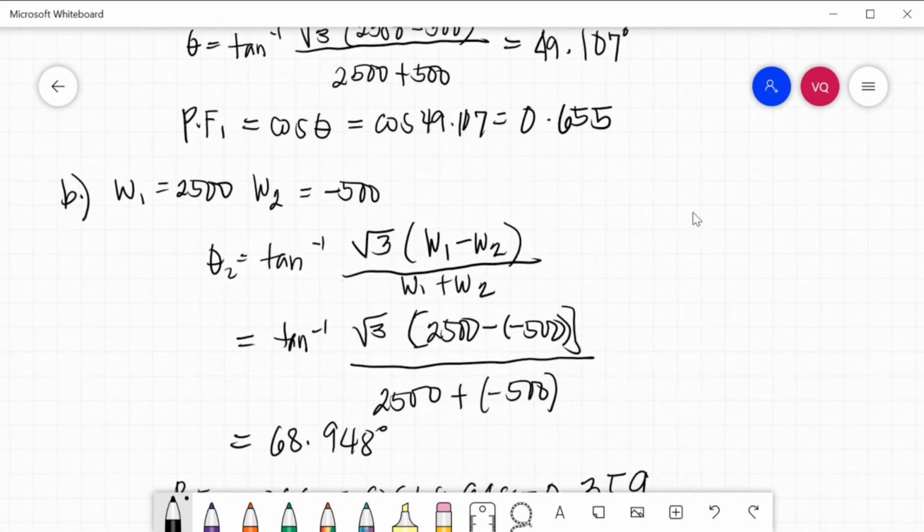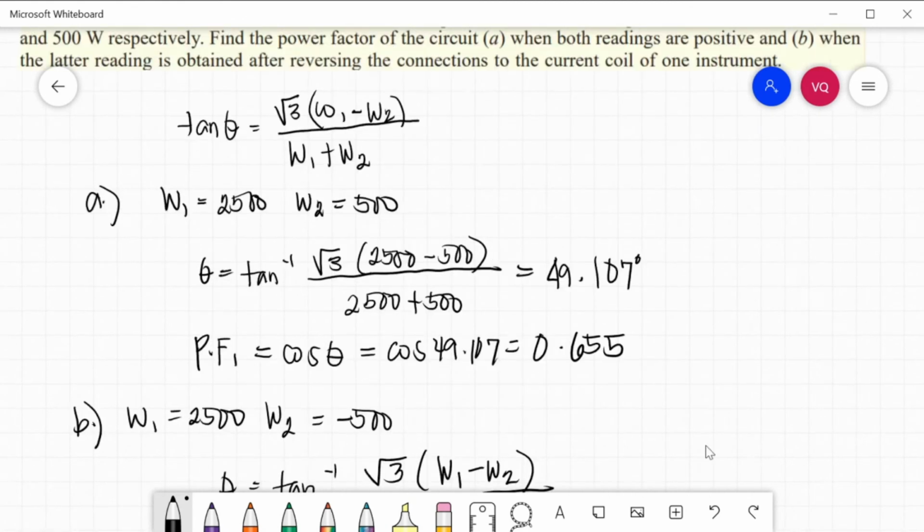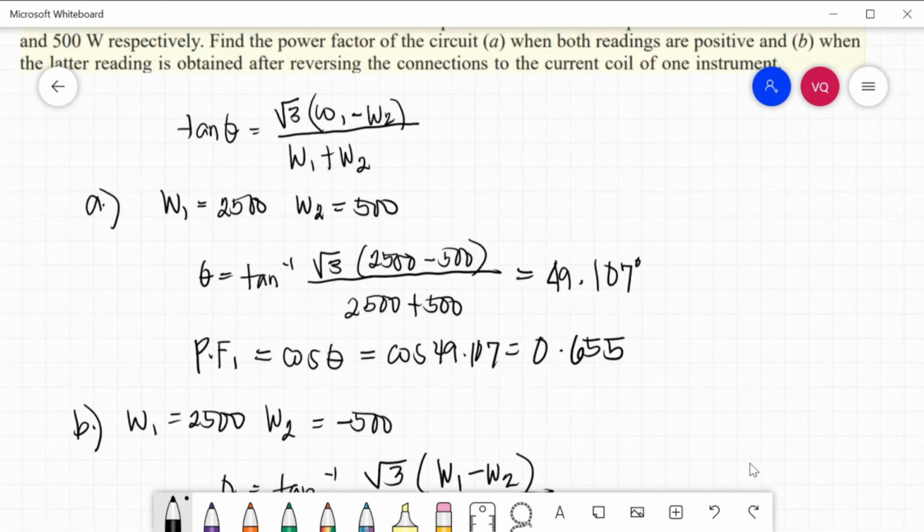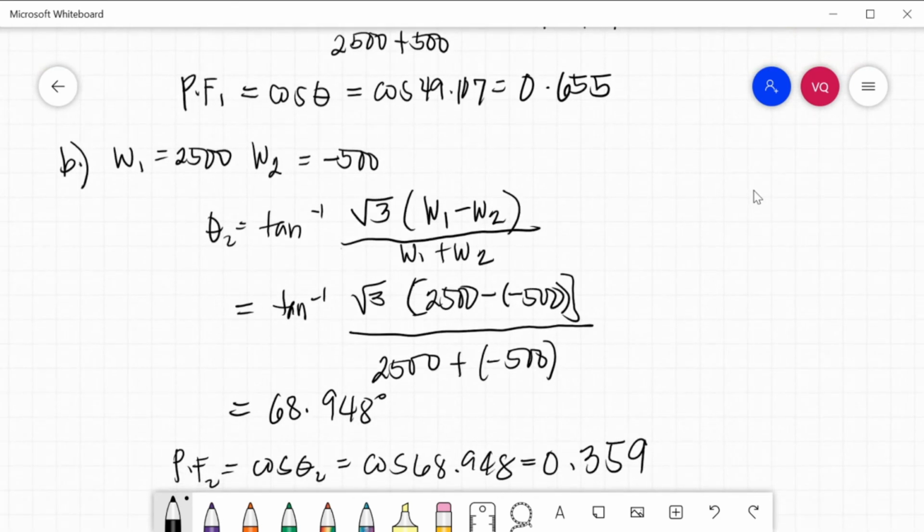The second condition is when one instrument is negative. So we will let that one instrument be our W2. So we will let W2 be negative 500, since its connection was reversed. So solving for power factor, first we need to solve that theta. Same procedure as in letter A. Theta 2 is equal to arctan of square root of 3 times W1 minus W2 divided by W1 plus W2.